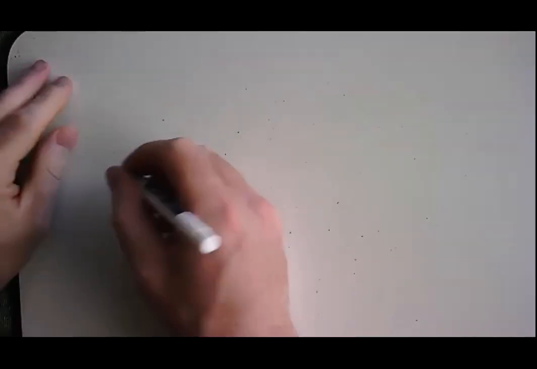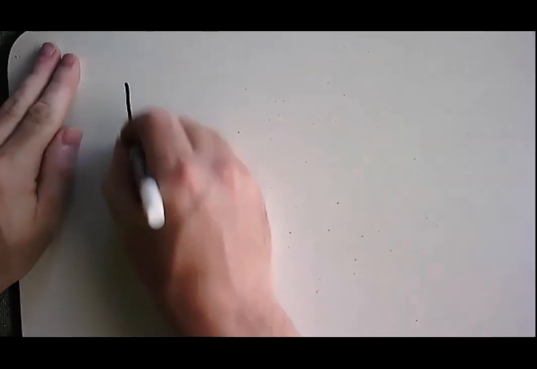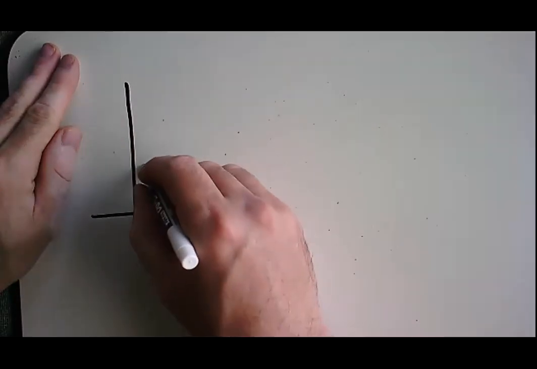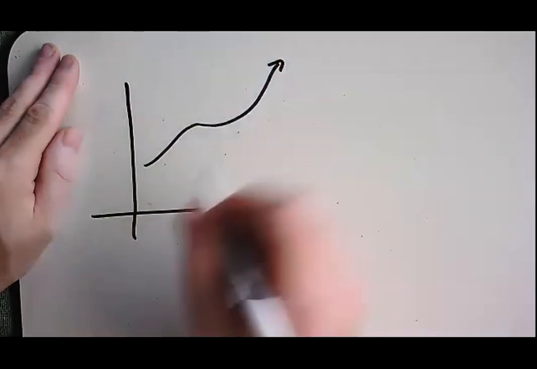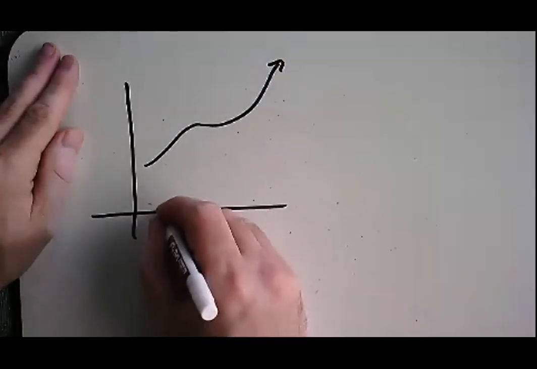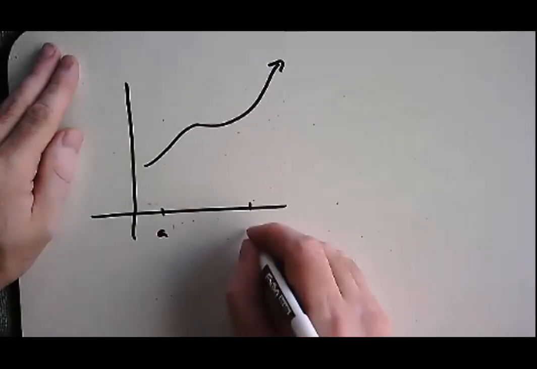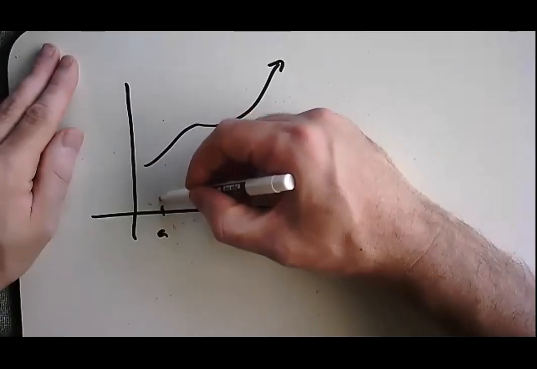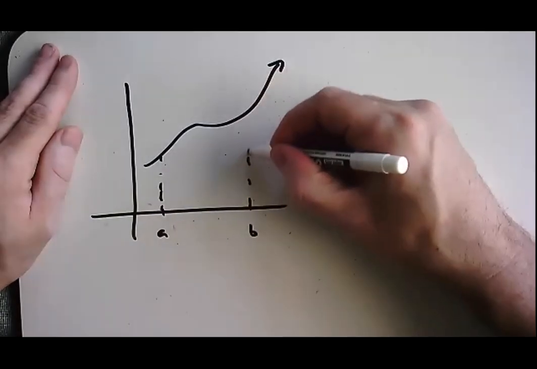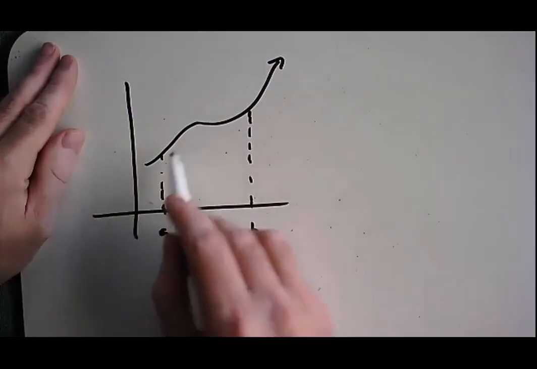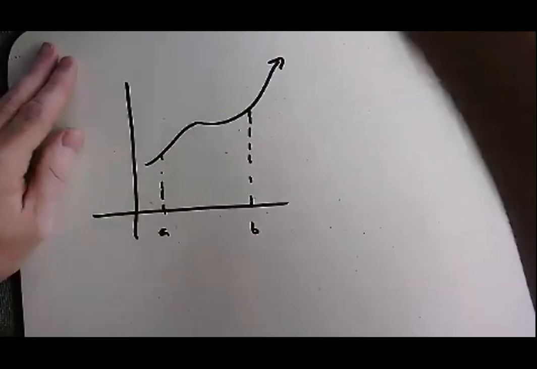And so I want to show you graphically what we mean by a Riemann sum. So let's suppose that we have some function f. Again, I'm just drawing an arbitrary continuous function here. And we want to find the area beneath the curve between 2 points, a and b. All right, so we want to find the area of this region here.